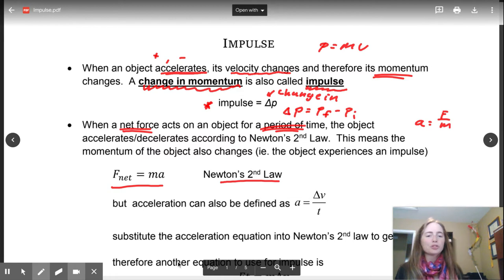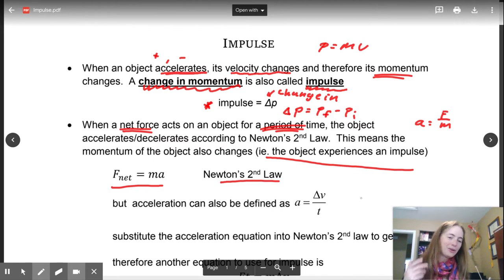Okay, so where does this link us with impulse? If an object is going to be accelerating and having a force acting on that object, it's going to experience impulse. Okay? So when you apply a net force to an object, it's going to accelerate, which is going to give it impulse.